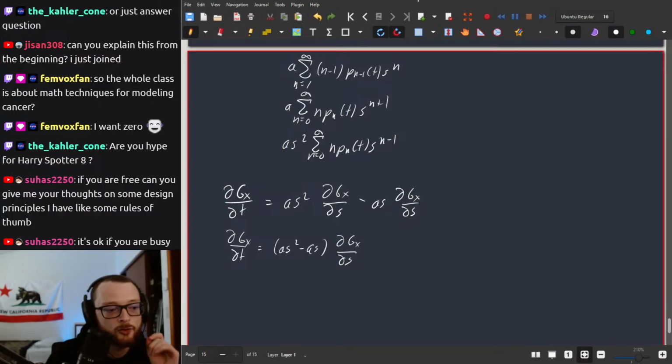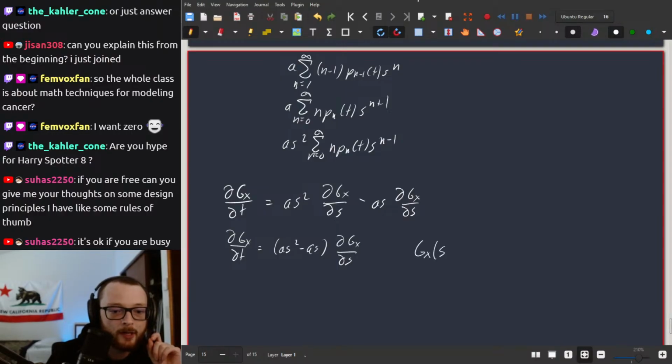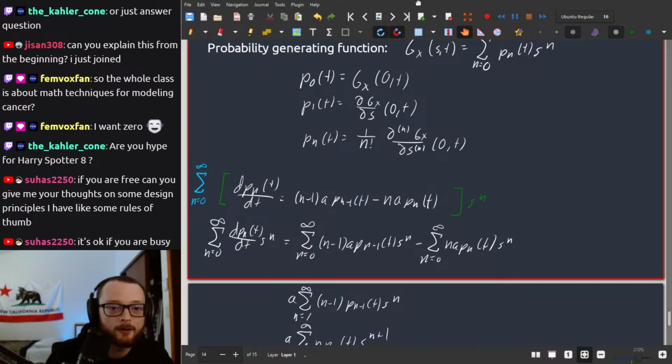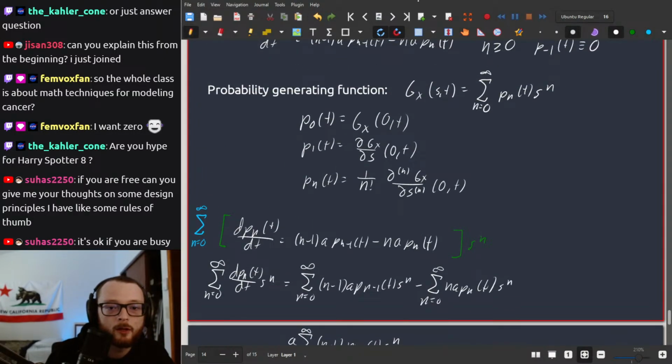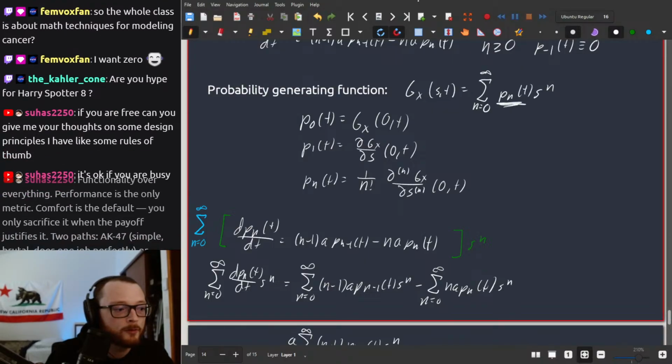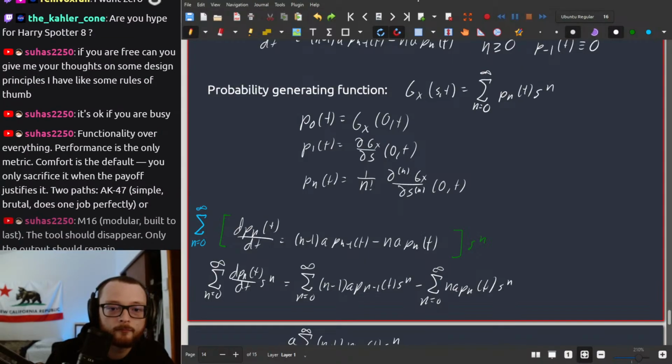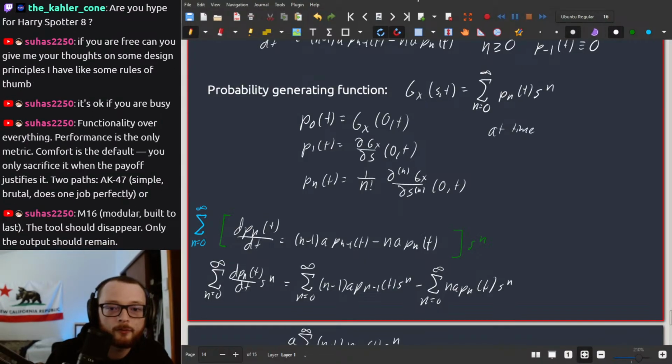We do have an initial condition: g sub x of s comma 0, at time 0. We start with 0 cancer cells. So p_0 of 0 is 1, and p_n of 0 is 0 for n greater than or equal to 1.